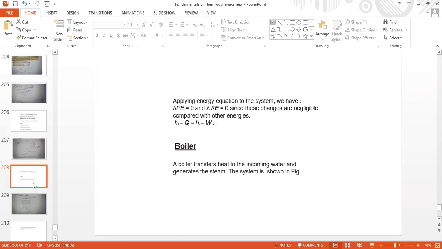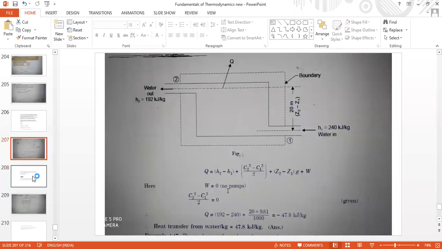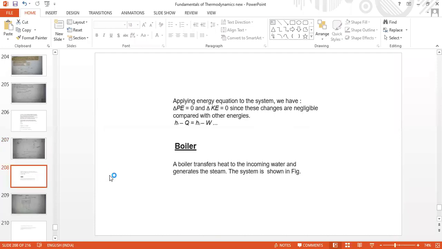So what is the purpose of a boiler actually? Don't go bluntly through the devices and what is mentioned there. Just recall at first hand whatever you learned in the previous classes.